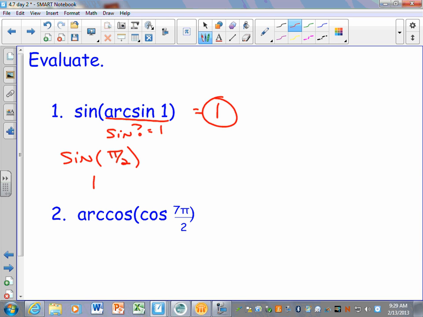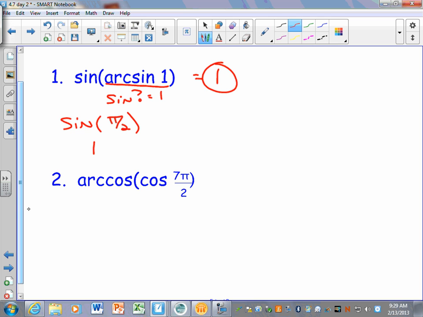But be really careful because if what they give you here is not in that specified domain or range, then it's not going to always be exactly what you get back. Like number 2. Number 2 says, find the arccosine of cosine of 7 pi halves. And you're right, arccosine and cosine should cancel out.